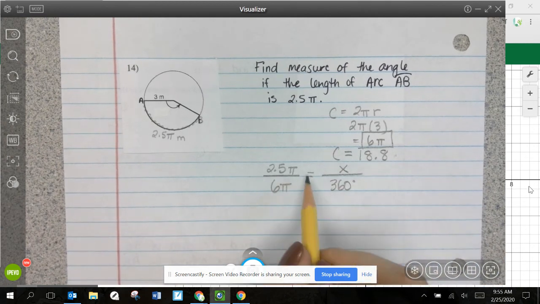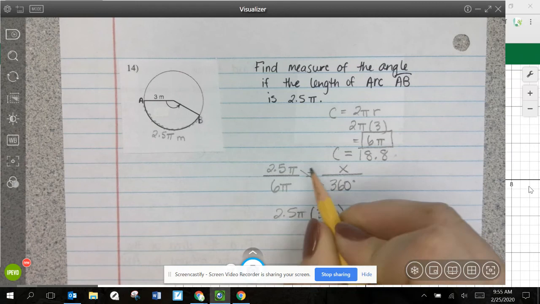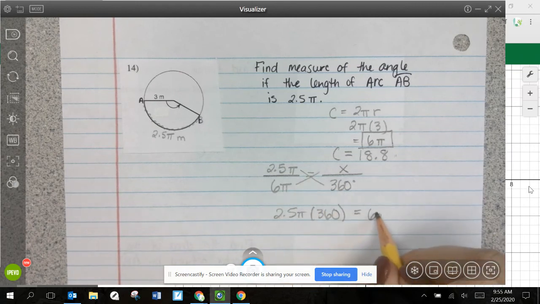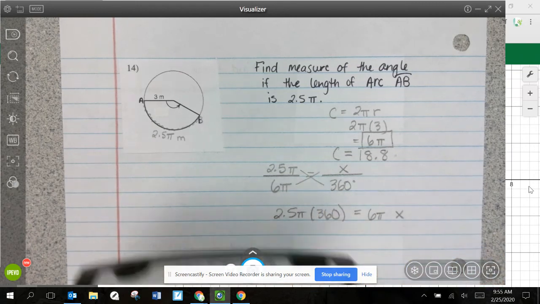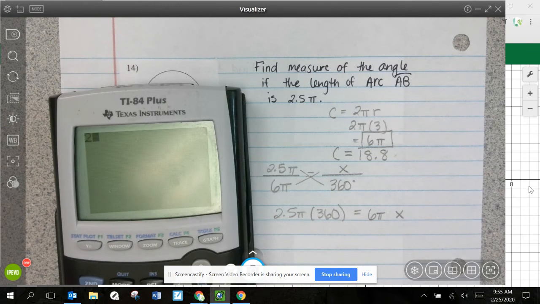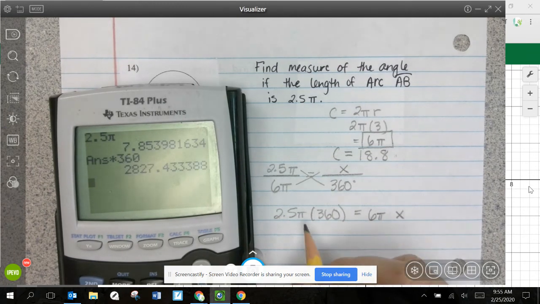I could cross multiply here. 2.5 pi times 360, 6 pi times x. I'll do a little math here. 2.5 pi times 360 gives me quite a large number.